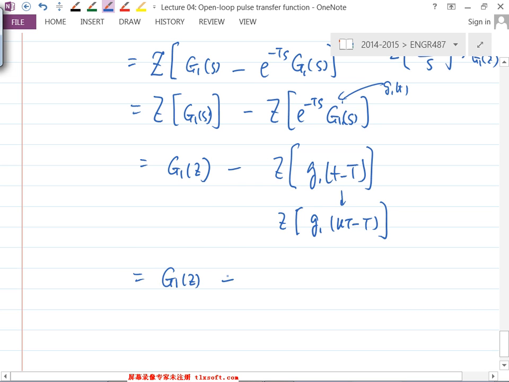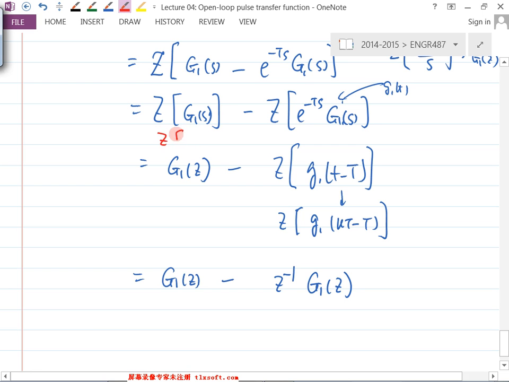Using your table, whenever you have a one-step delay, the corresponding Z-transform is Z to the power of -1 times G1 of Z. Does that make sense?